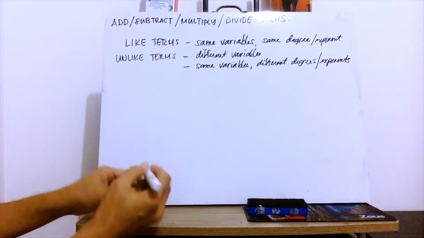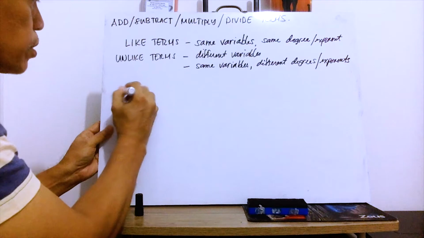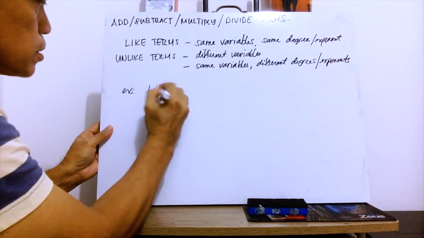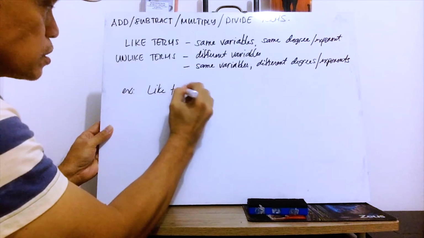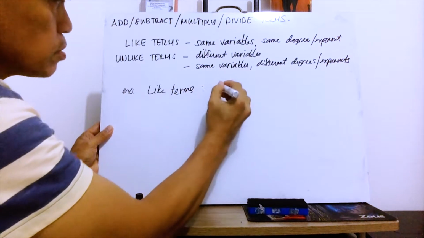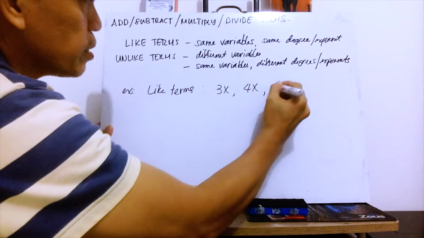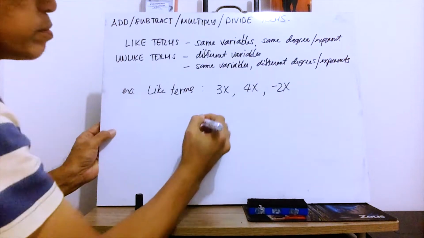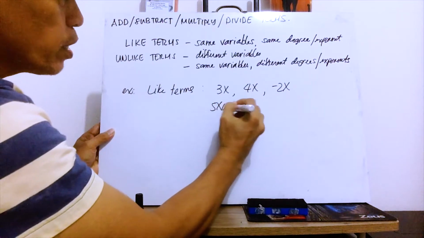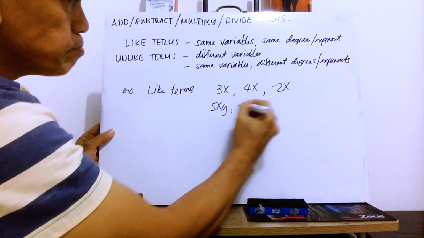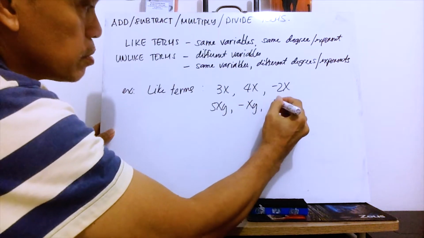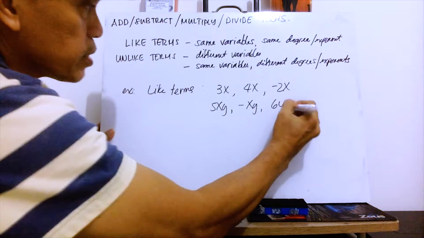Okay, so these are examples of like terms. 3x, 4x, negative 2x. Okay. 5xy, negative xy, 6yx.